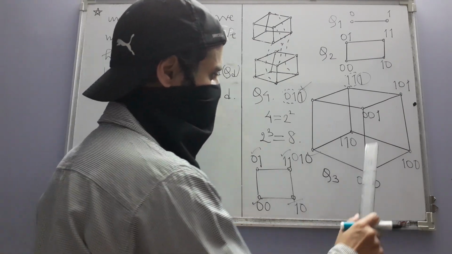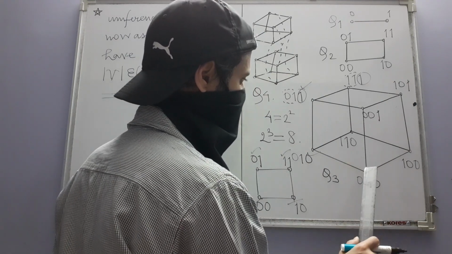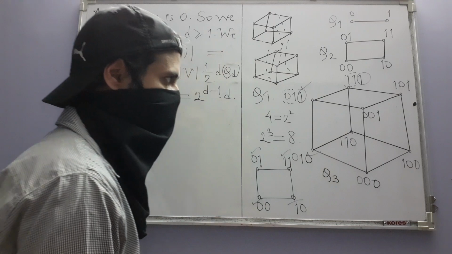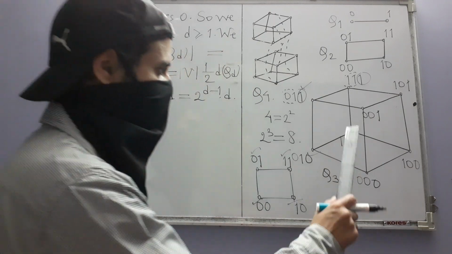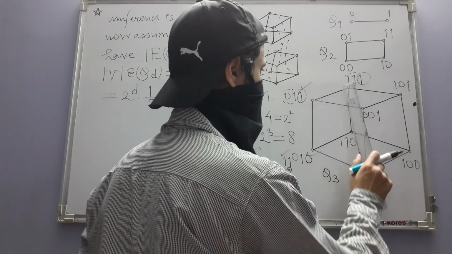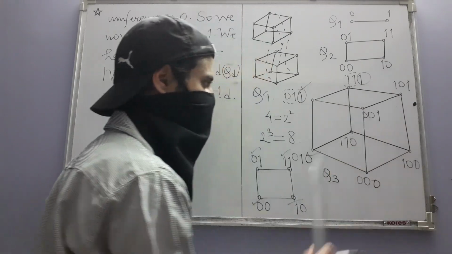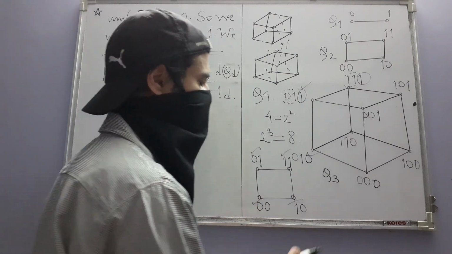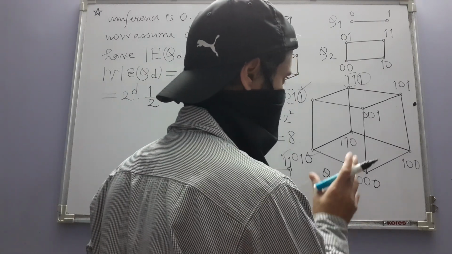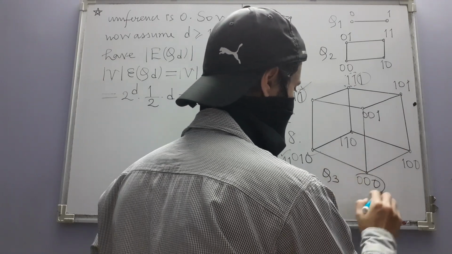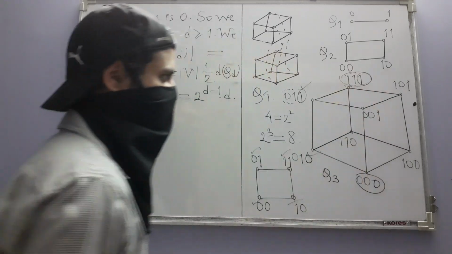Let's see one more. The distance between 0 0 0 and 1 1 1 is 3, because you can find a shortest path like this, and this, or this, and there are many such paths, but they all have length 3. There is no shorter path. 3 is the minimum length path. That's because they differ in 3 places.